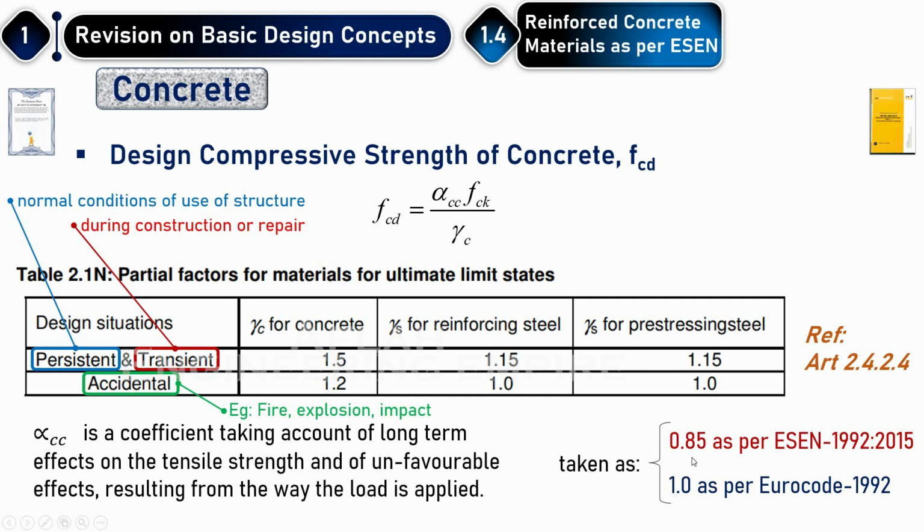It is the Ethiopian code that gives a more conservative result. Providing this will give us an fcd that is less. So designing my concrete, my structure, assuming a lower strength, will result in a safer structure.